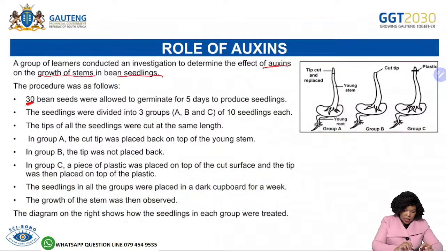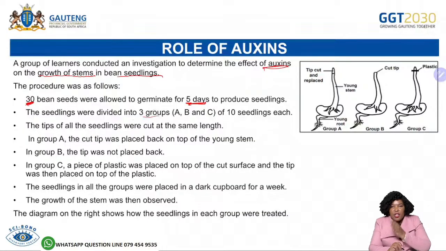So going back to the procedure, 30 bean seeds were allowed to germinate for 5 days to produce seedlings. Also, this time is very important for you to talk about when asked about that question. Now, the seedlings were divided into 3 groups. Remember, we had 30. When you divide them into 3 groups, it means you are going to have 10 in each group.